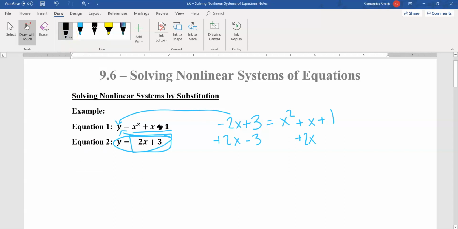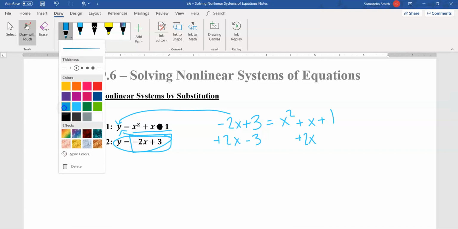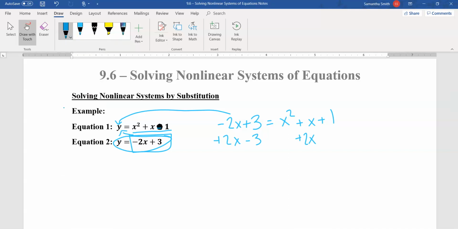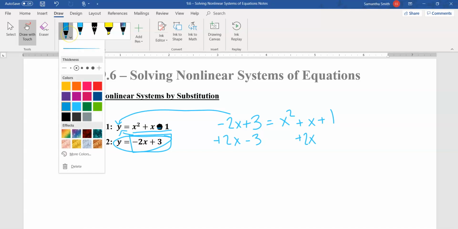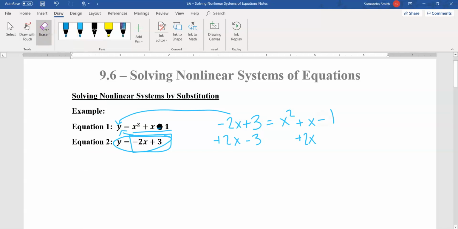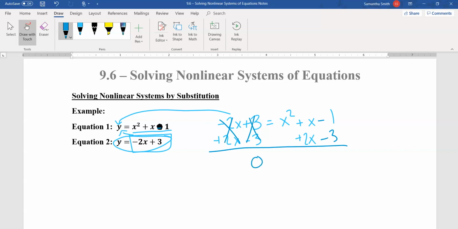This should not be a positive; it should actually be a negative 1. My apologies on that, so I will fix that on your paper. So we have minus 3. There we go. This becomes 0 on this side, and I'm left with x squared plus 3x minus 4.